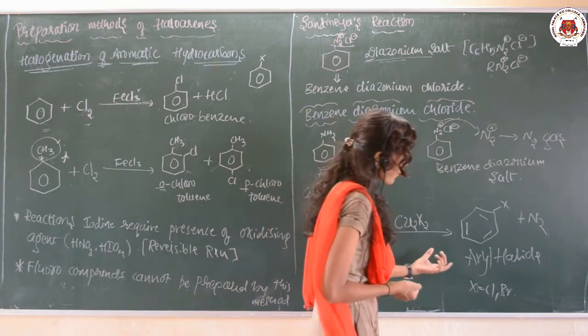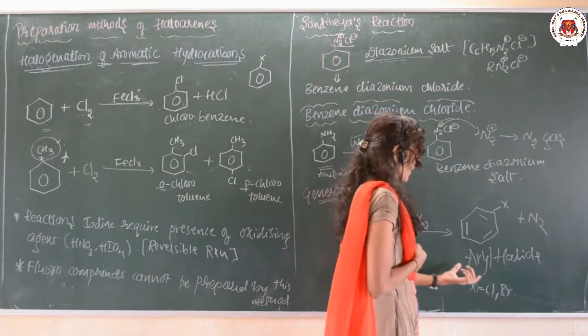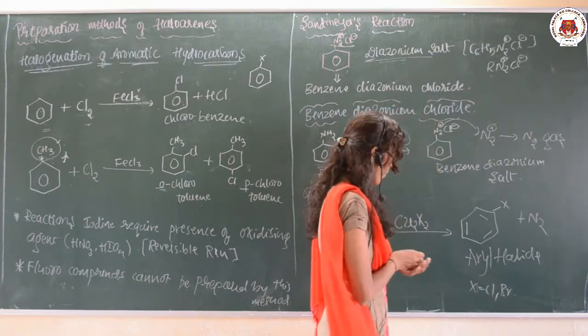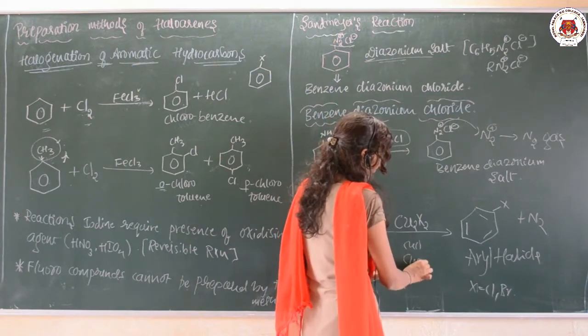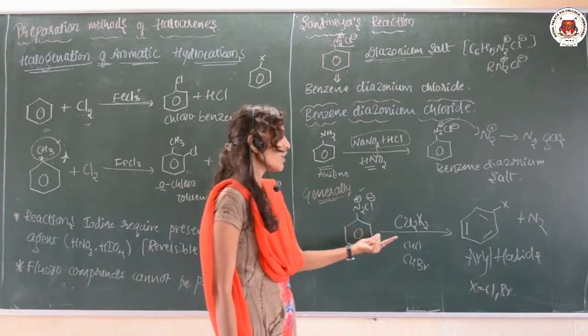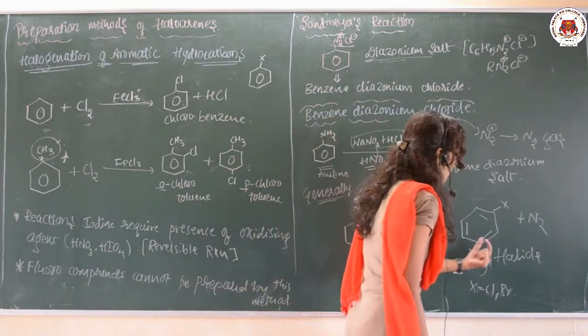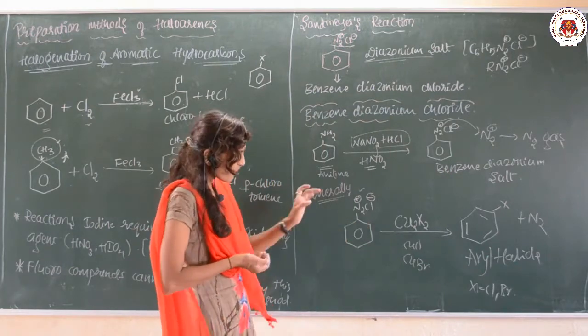So finally we get aryl halide. X may be either Cl, as in CuCl, or Br, as in CuBr, which you can use here in order to get chlorobenzene or bromobenzene. Okay, so this is the general format.